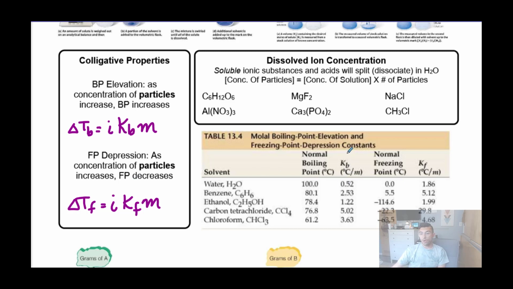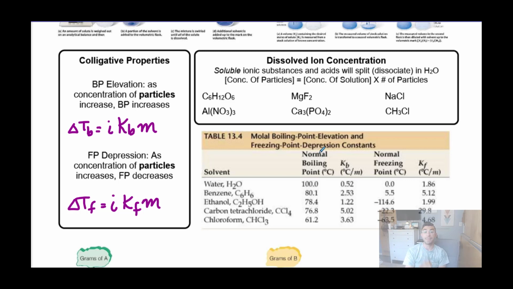So for example, water has a boiling point elevation constant of 0.52 degrees Celsius per molal. What this means is that for each molal of particles, the boiling point is going to increase by 0.52 degrees Celsius.